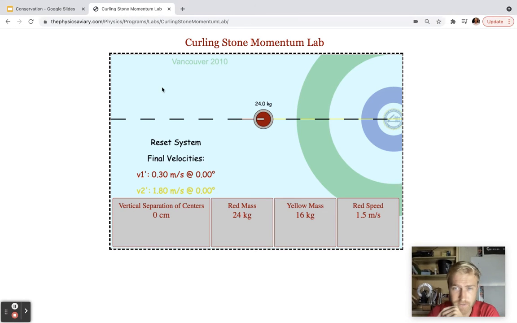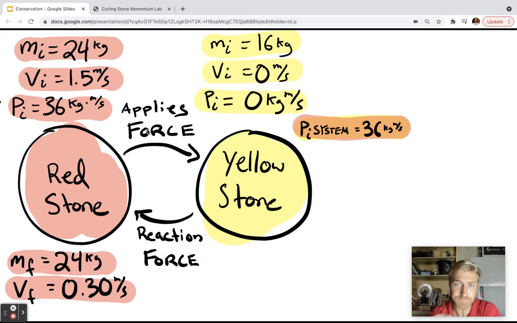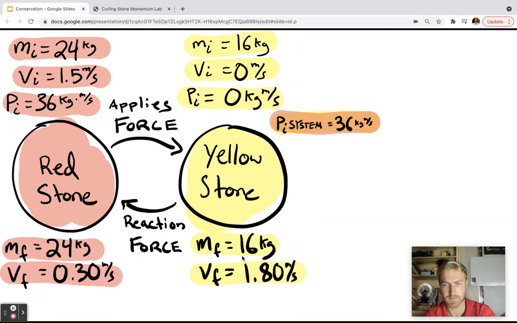Okay, identify final conditions. Now if we look at our data here, it tells us some final velocities. The final velocity of the red, it's moving at 0.30 meters per second, and it gives us data for the yellow, which is nice. So they collected some data for us, and so we'll write that down and do the same thing. Mass, velocity, and this little f is for final.